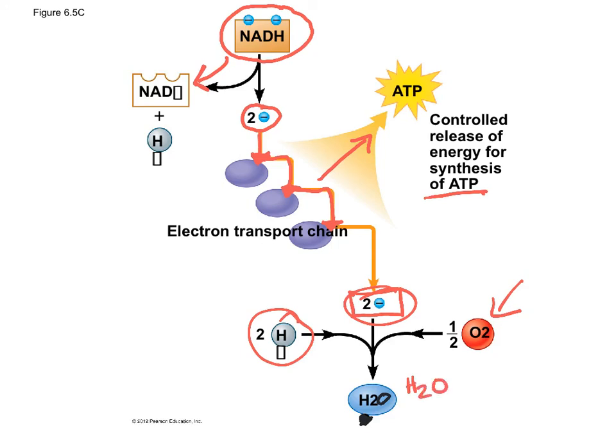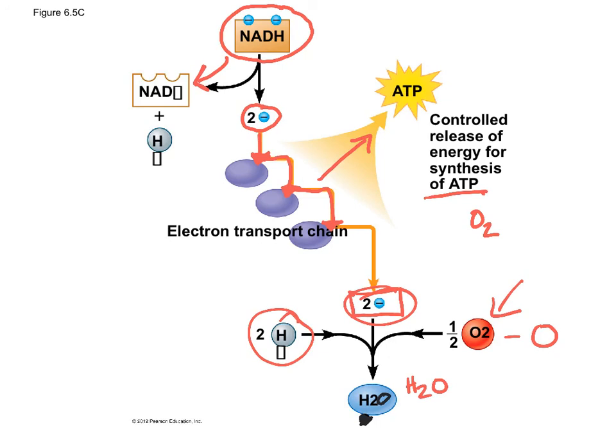So before we end here, I just want to explain what the authors are trying to show you here. 1/2 O2. Remember that O2 is written like this, right? That's 2 oxygen atoms combined into an oxygen molecule. So 1/2 of O2 really would just be 1 oxygen.